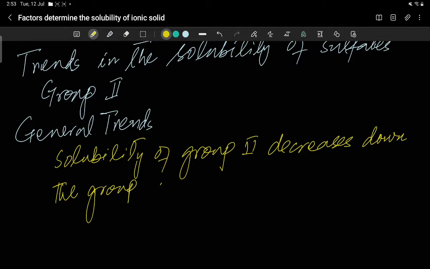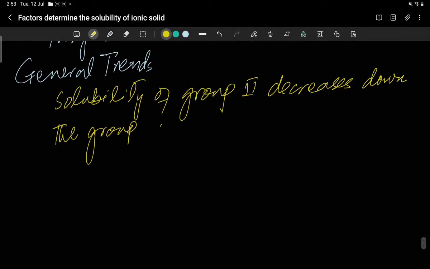And we know that lattice enthalpy and enthalpy of hydration both decrease down the group. But as mentioned earlier, these two factors have opposite effects on the solubility. For example, a decrease in lattice enthalpy increases the solubility.